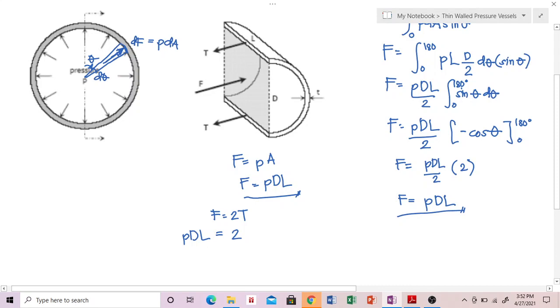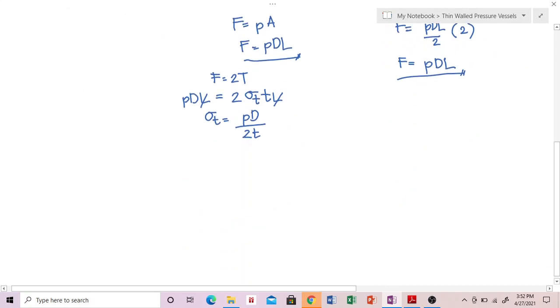Whatever is the stress dito sa material, that is the tangential stress multiplied by the area. What is the area? That is thickness multiplied by L. Okay, from the equation, cancel out yung L. Makuha natin that the tangential stress is equivalent to PD over 2T. Okay, we have already the formula for the tangential stress.